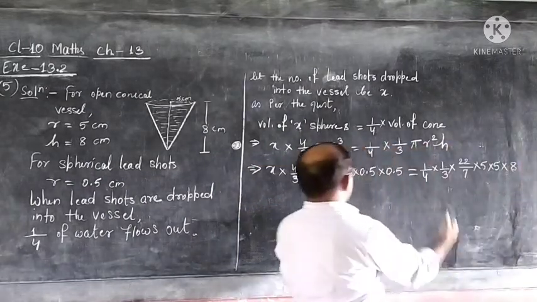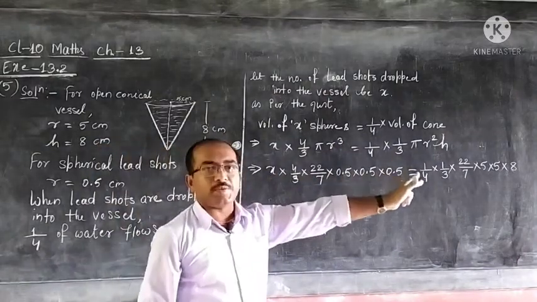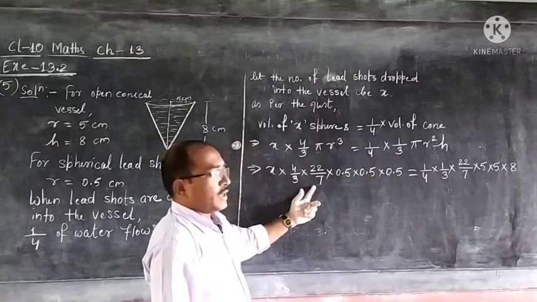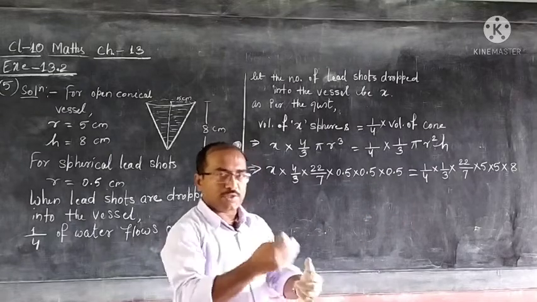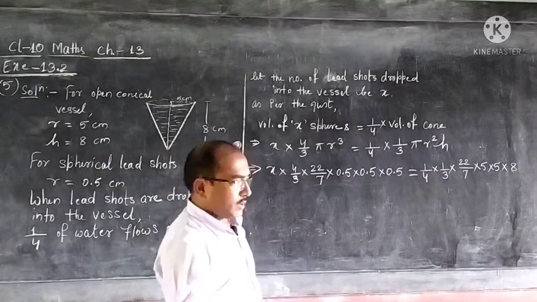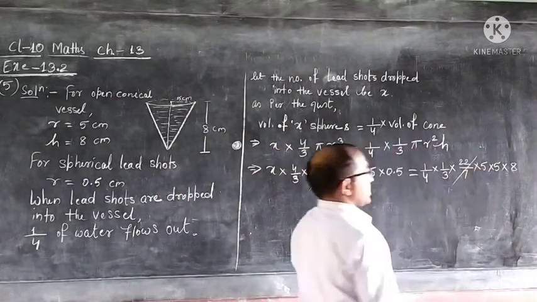Now, look at these, all the terms are in multiplication in LHS, and all the terms are in multiplication in RHS. So, from multiplication, if we take it to the other side, what will happen? It will change into division, and after division what we do? We cut. So, from here straight we can cut 22/7, 22/7.